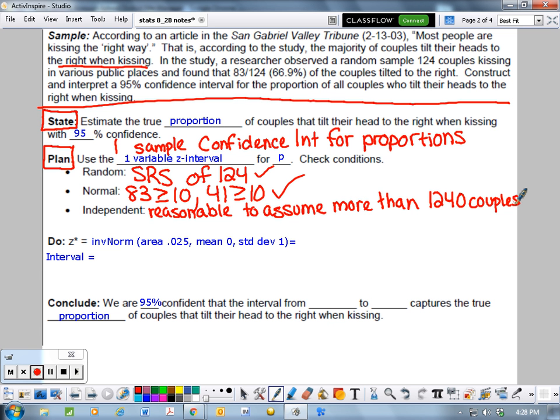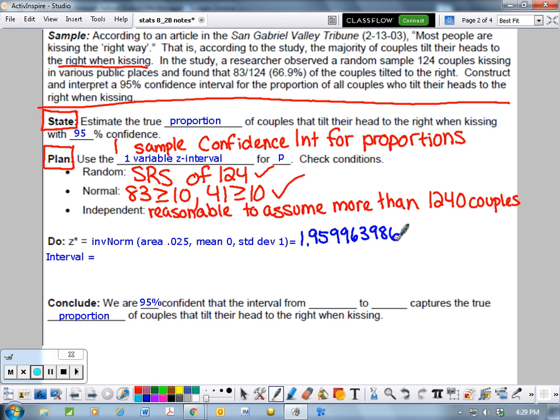Okay, so now how do we calculate this? Well, we start by, for every confidence interval, figuring out our critical Z value. So our inverse norm of 0.025 gives us a critical Z value of 1.959963986.